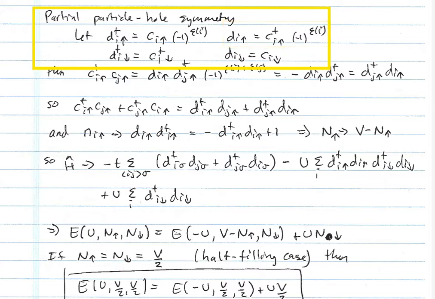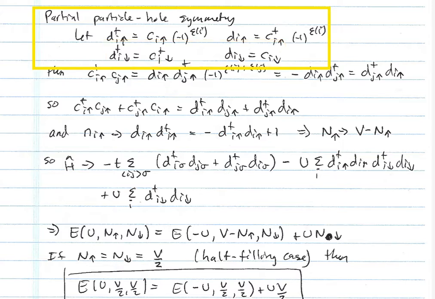You see what I'm doing here is I'm interchanging the creation and annihilation operators for the up spins. But if we look at the down spins, d dagger i down is c dagger i down, and d i down is c i down. So I'm not interchanging holes with particles, or creation with annihilation operators, for the down particles.